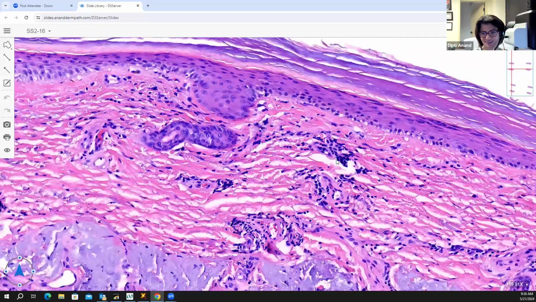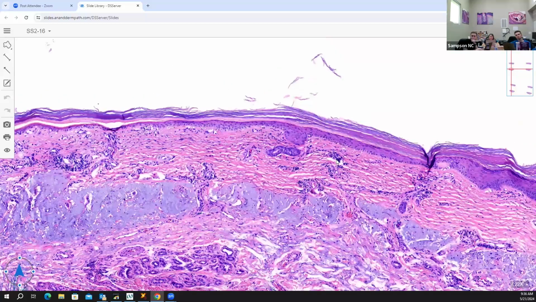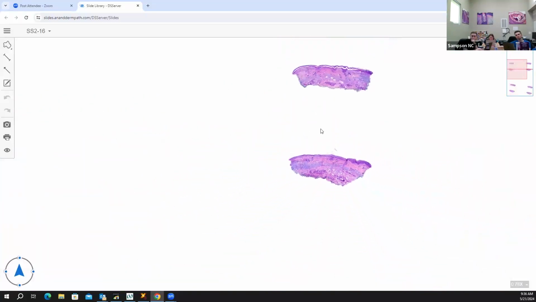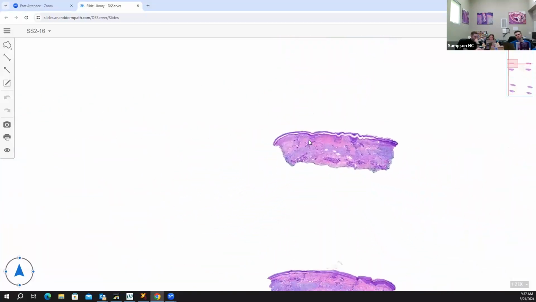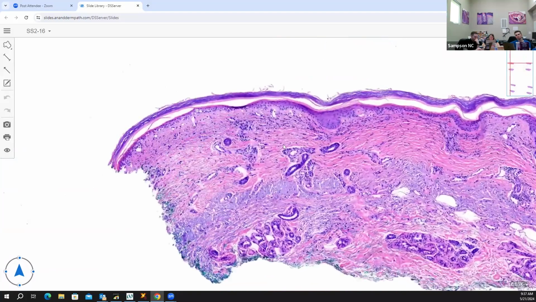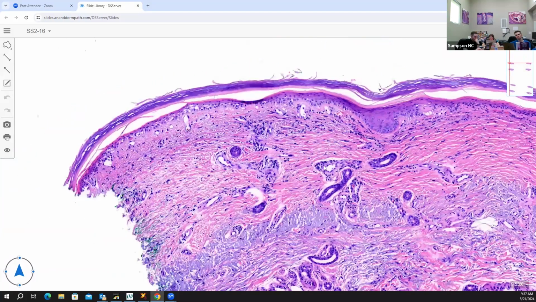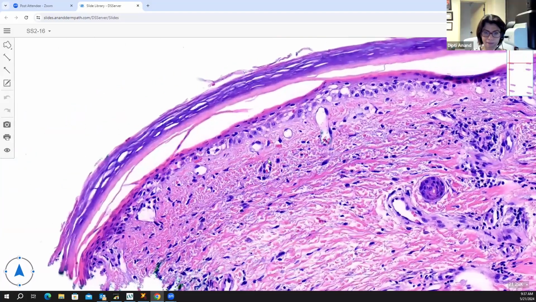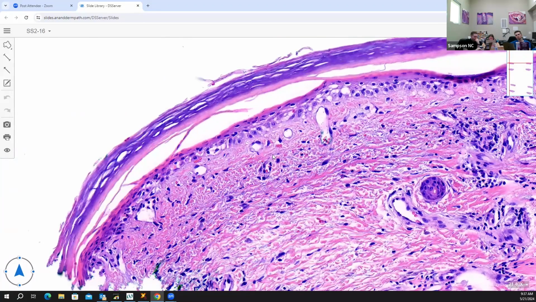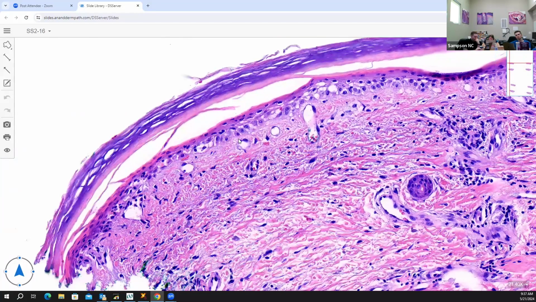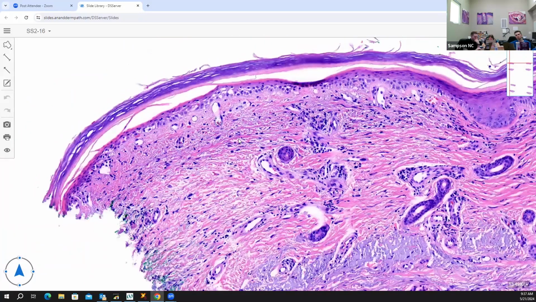It is. Okay, so it's definitely chronic. Anytime you see vacuolar interface, you're going to ask acute or chronic. So it's either dermatomyositis or lupus.